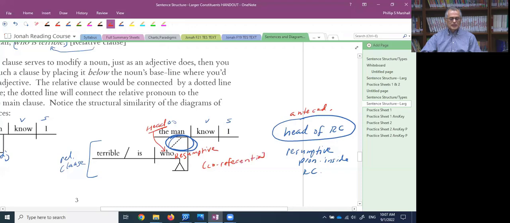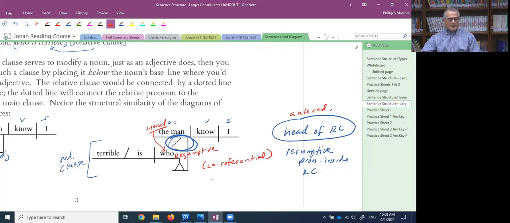We're going to talk a lot more about this because we're going to see a lot more of it as we read Jonah. But I used this term back when we introduced relative clauses a long time ago in elementary Hebrew. That is to say, the head, and the word that is the resumptive word, usually a resumptive pronoun, those are co-referential. They refer to the same entity. Okay.